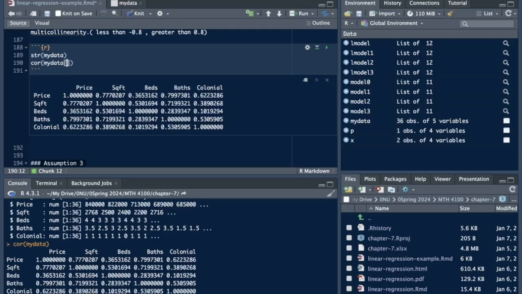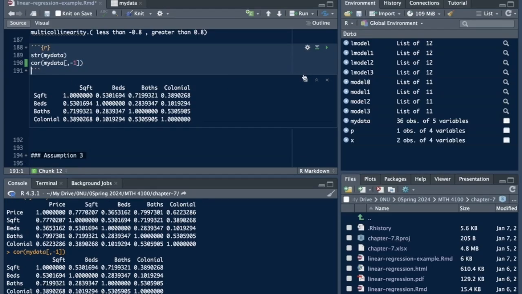Brackets, if you remember, I'm going to have all of the observations. I'm going to just subtract the first column, take it off, with -1. Run this again. We removed that one. You'll notice that the main diagonal is 1, because square foot with square foot by itself is a complete, perfect correlation.